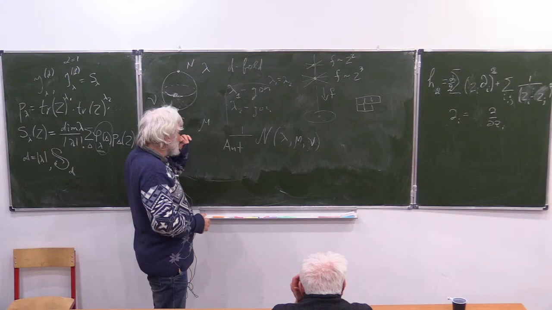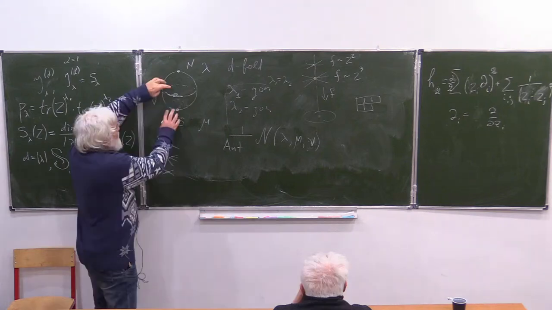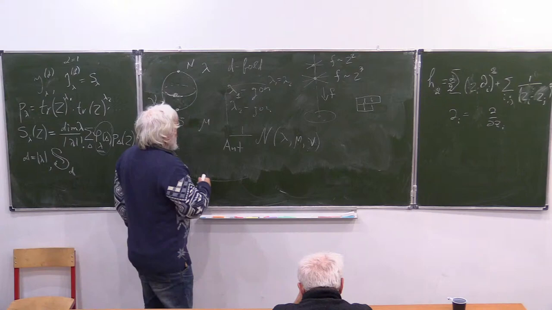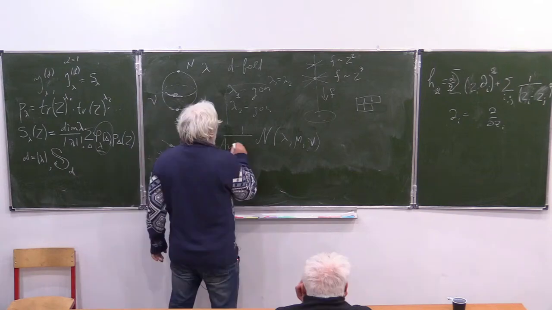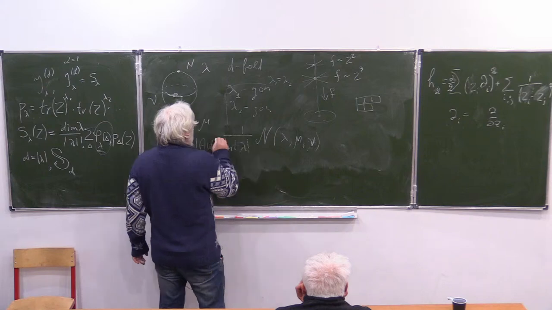So we get the number of automorphisms, let me call them Aut lambda and Aut nu.